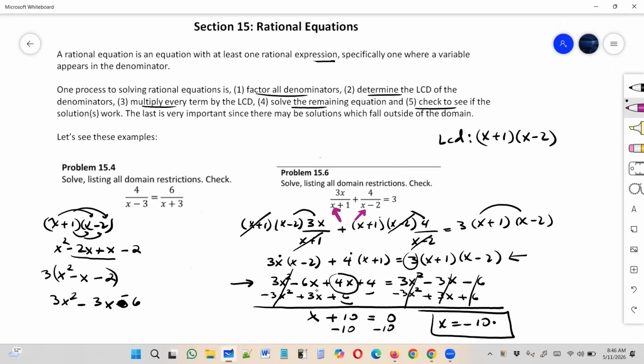And you're going to compare that against 0. So negative 10 plus 1 is negative 9. That's okay, not 0. Negative 10 minus 2 is negative 12. Okay, not 0. So that means that this answer is valid. All right, that's all you have to do, a domain check. I don't need to check the domain restriction.